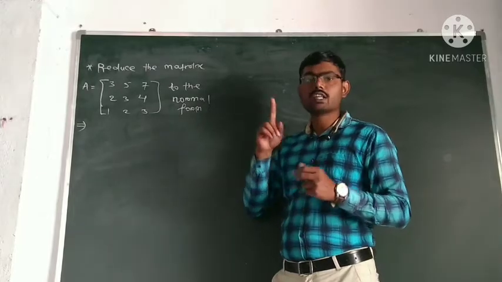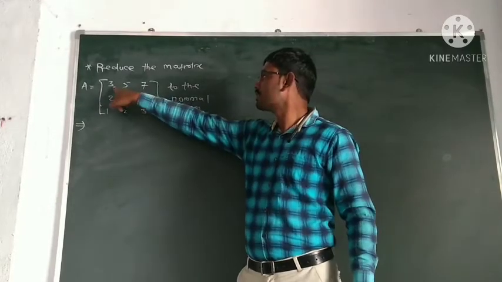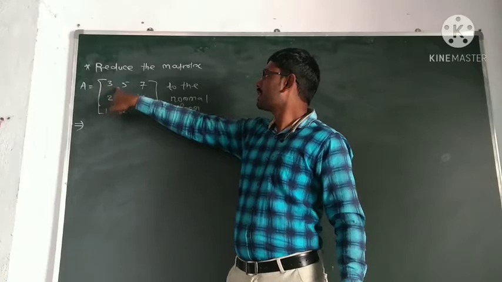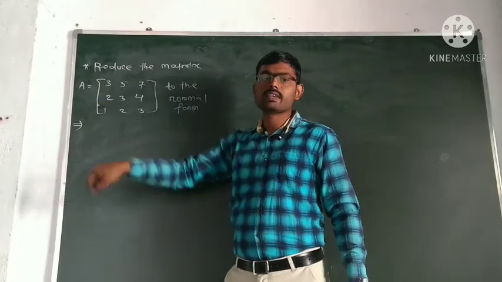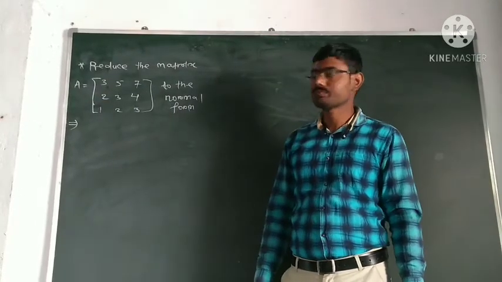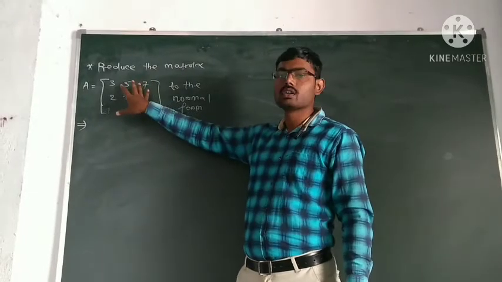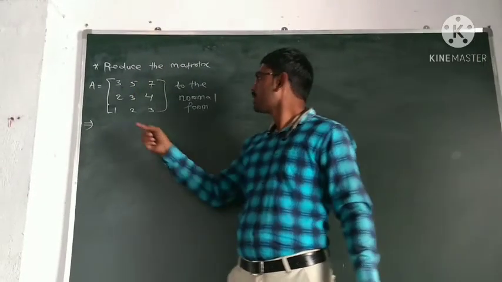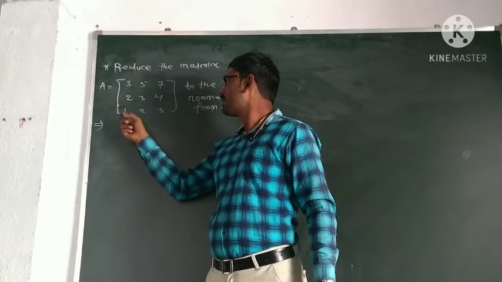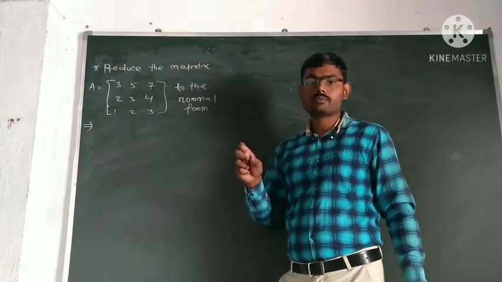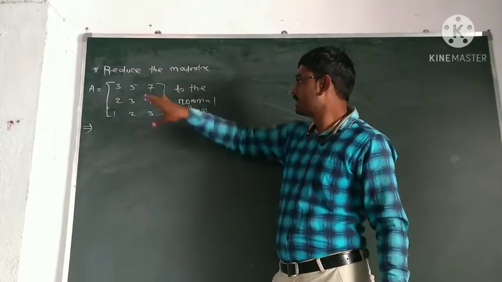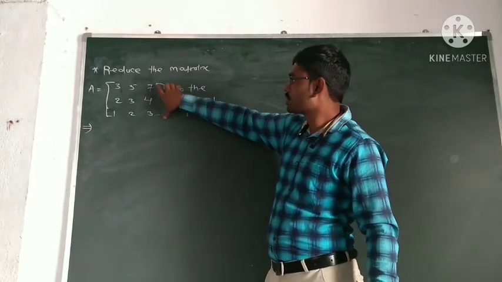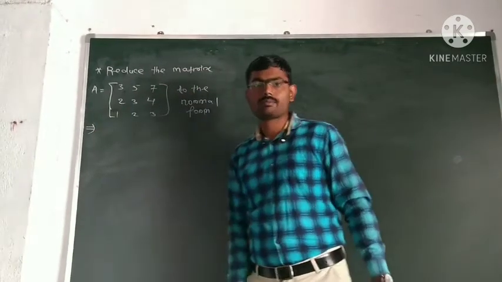So our first target is to make this element 1 by using elementary transformation. Now look at this matrix. Observe the rows and columns. See rows 1, 2, 3. The first element is 1. So our first thinking is to interchange these 2 rows so that we get 1 at the top.